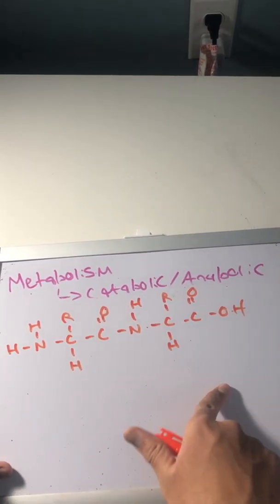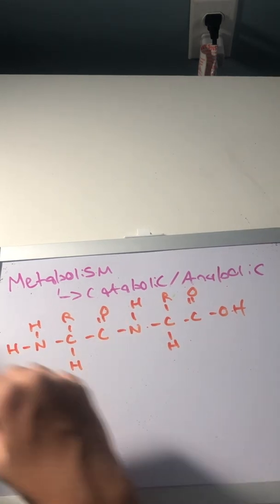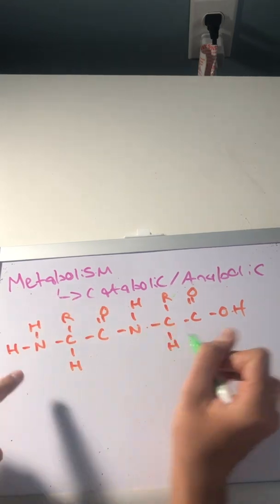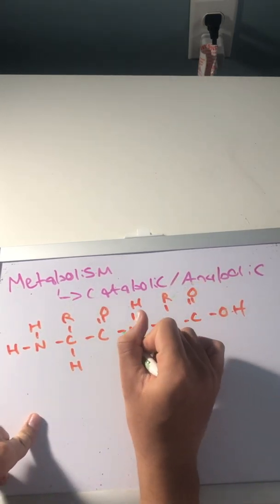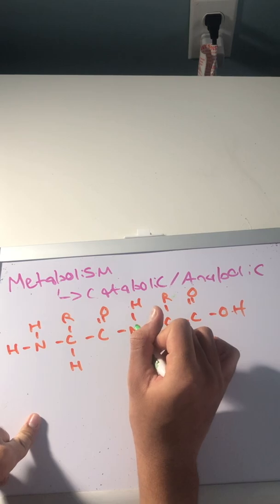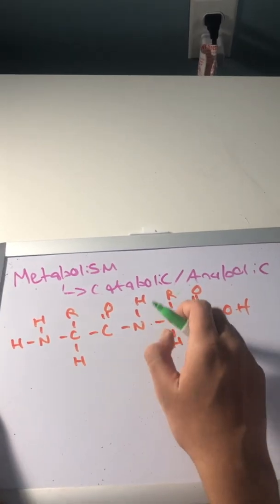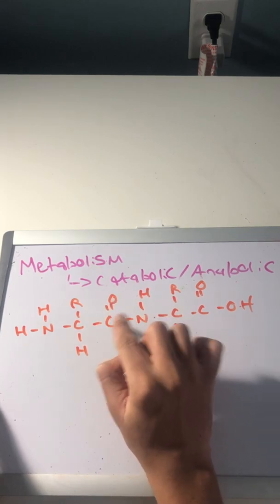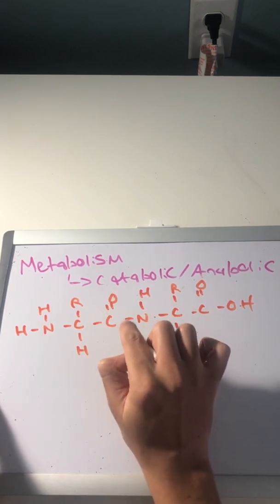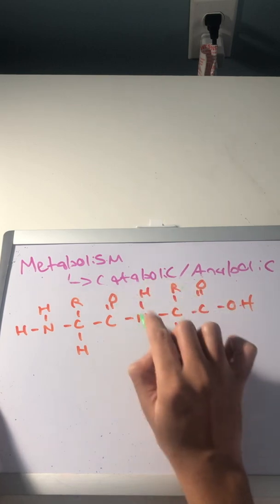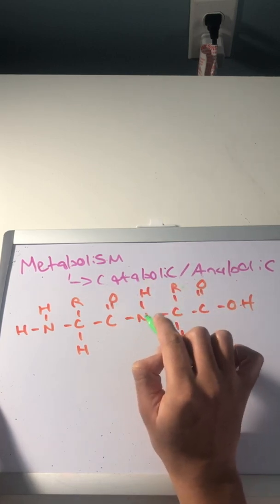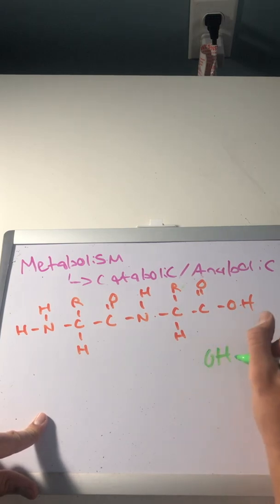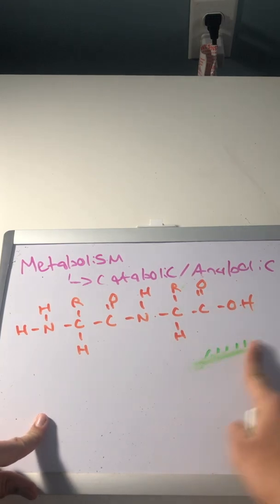Anyways, to break this, this is where it is. This is where it's linked. You see this carboxyl group from this amino acid, and from this amino group there's a hydrogen. Sorry, I think I said that wrong. Basically from this carboxyl group there's a hydroxide, and from this amino group right here there's a hydrogen. So when OH and H combine, it can also be written as, guess what?